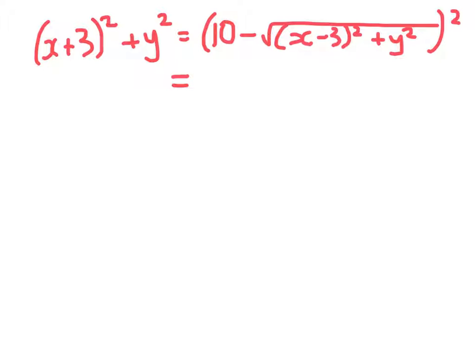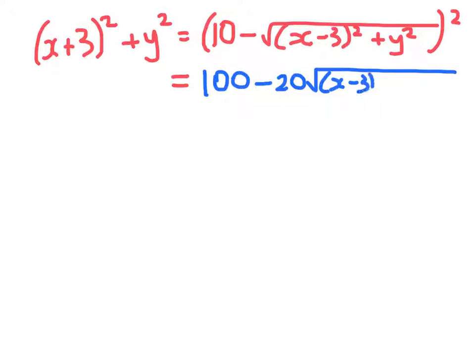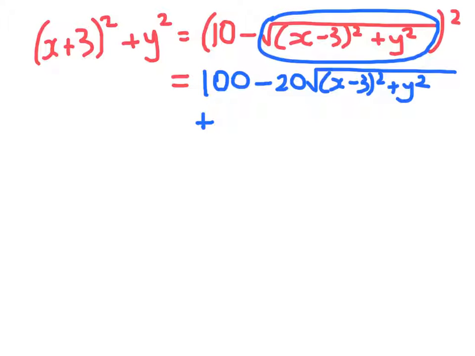So we're going to have 100 minus 20 root of that plus, now when I square this, I won't have a square root sign anymore, so plus x minus 3 squared plus y squared. So that's looking a bit better, and we can immediately see that we can knock off the y squared, so we subtract y squared from both sides, and now I'm going to expand out.